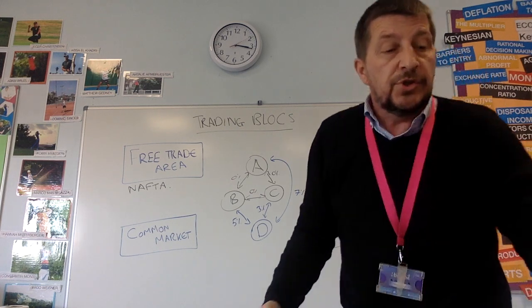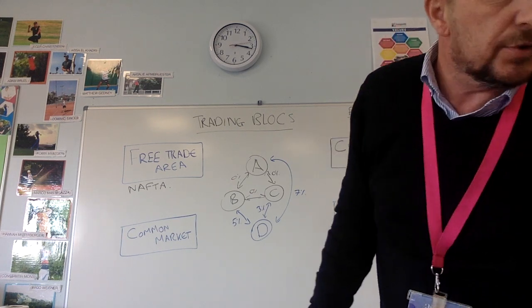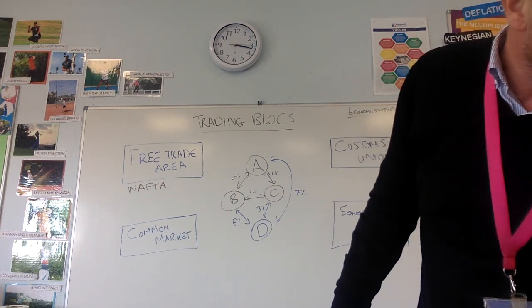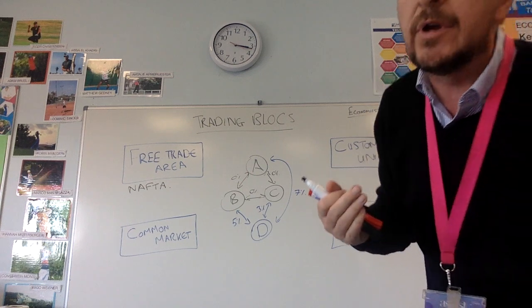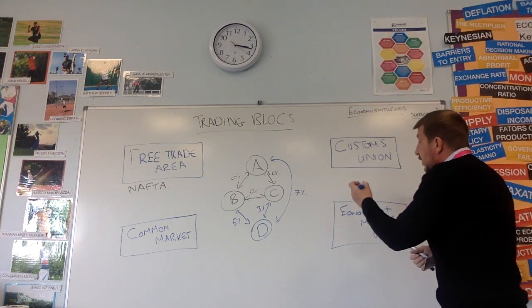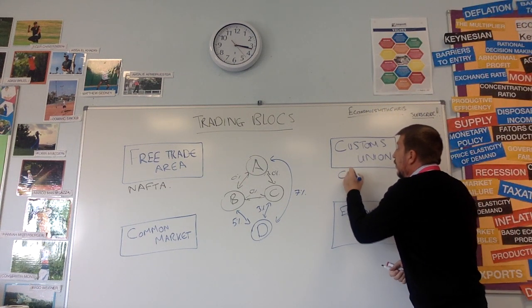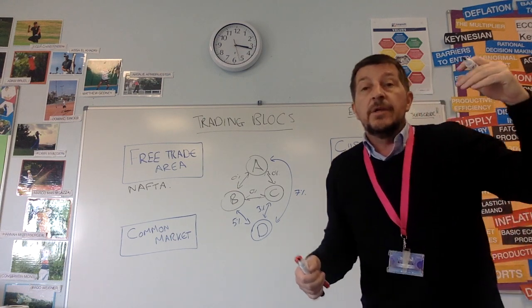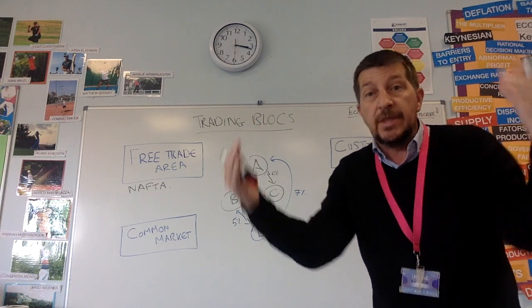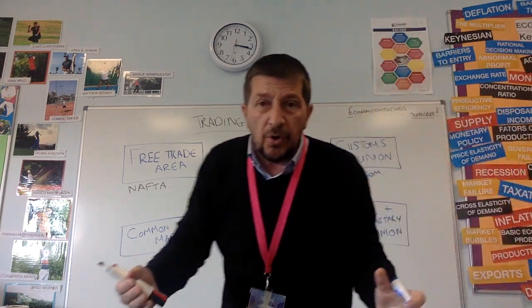Next, let's look at what is considered to be a customs union. The best example of a customs union is CARICOM, the Caribbean Customs Union. It's a kind of commercial group in the Caribbean, so quite small economies.